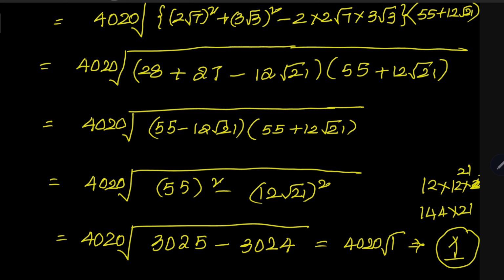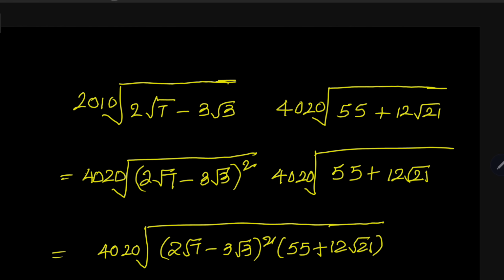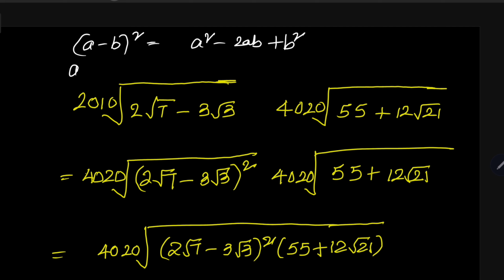Now if you look from the first step onwards, what are the formulas we have used? Let us try to write them down one by one for our reference. The first formula we have used is (a minus b) whole square equals a square minus 2ab plus b square. The other identity we have used is (a plus b) into (a minus b) equals a square minus b square.